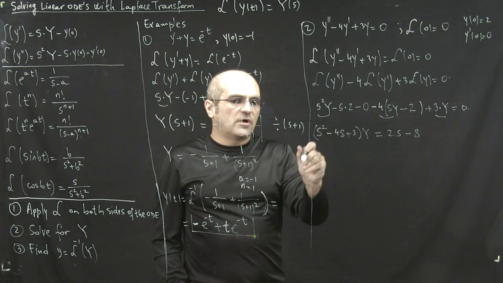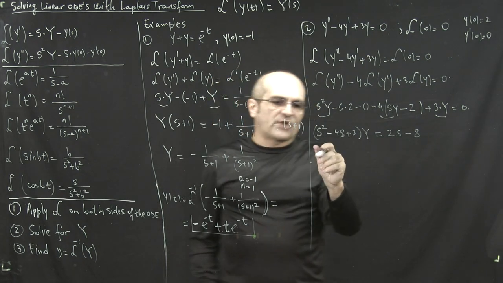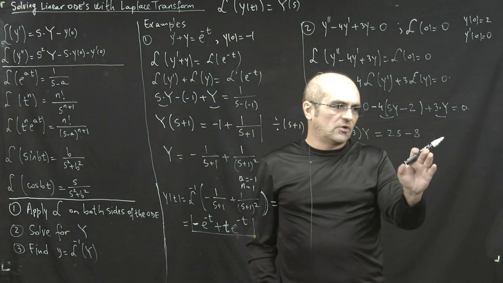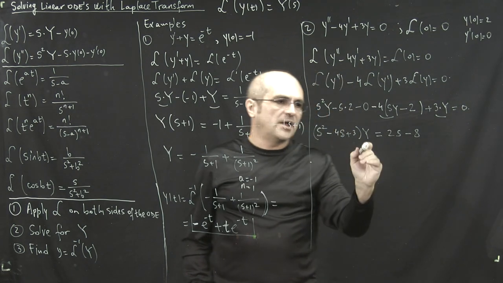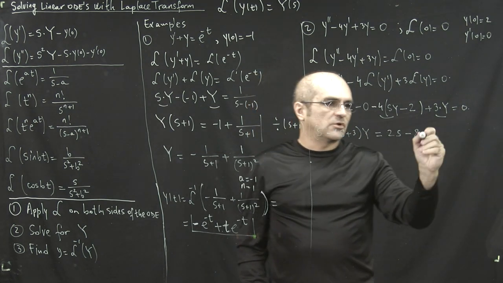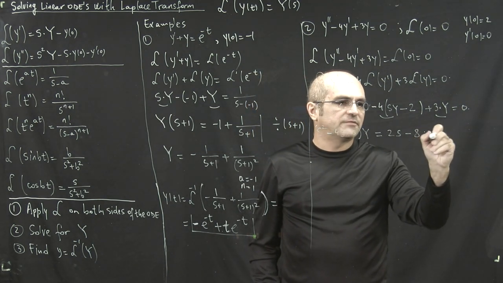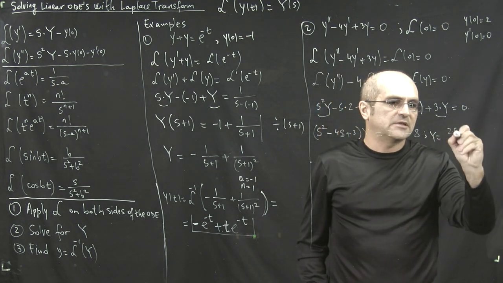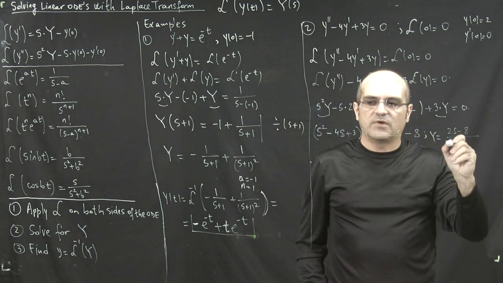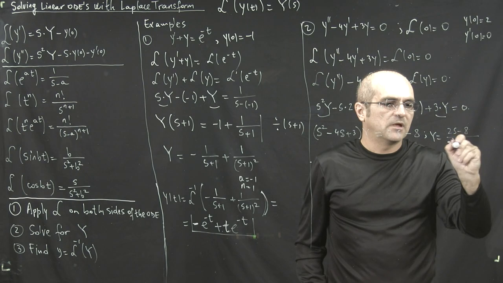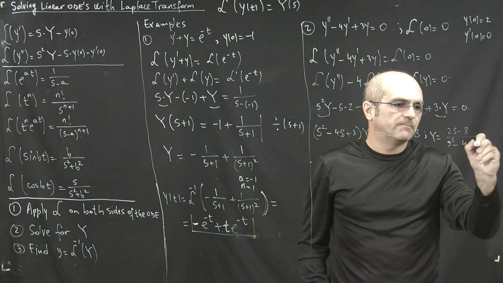Okay, so furthermore, now we're probably going to have to use partial fraction decomposition when we solve for the inverse Laplace of y. This can be factored, so if we get big Y by itself, it is 2s minus 8 over s squared minus 4s plus 3.